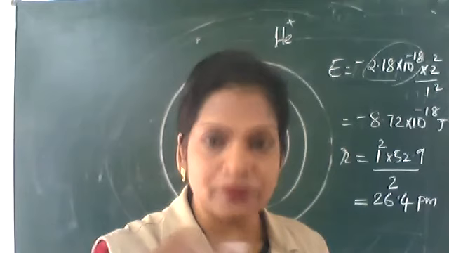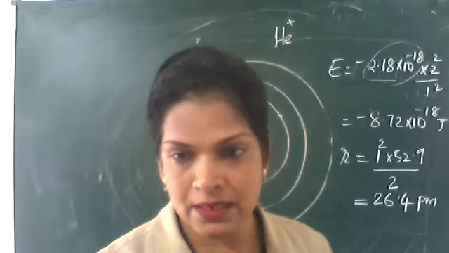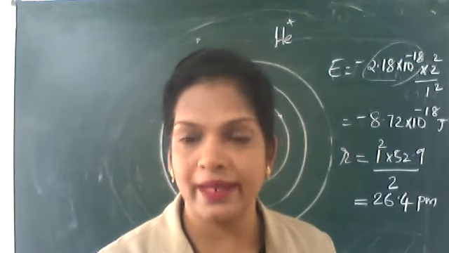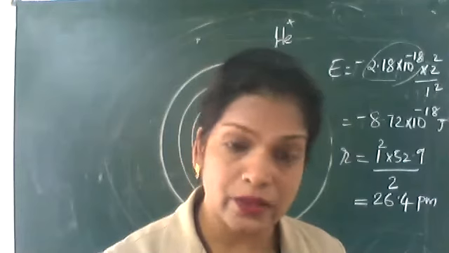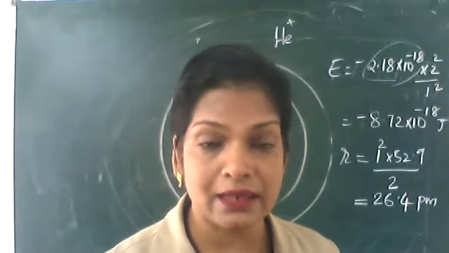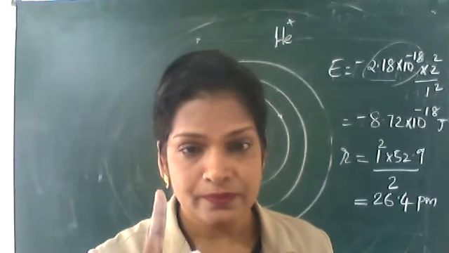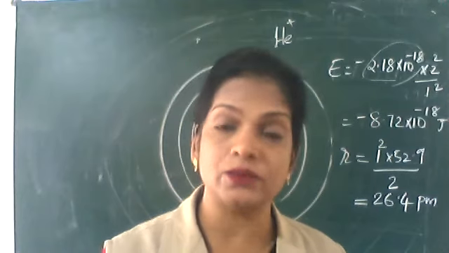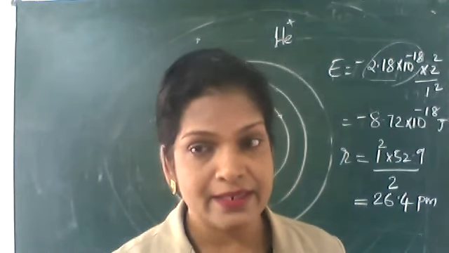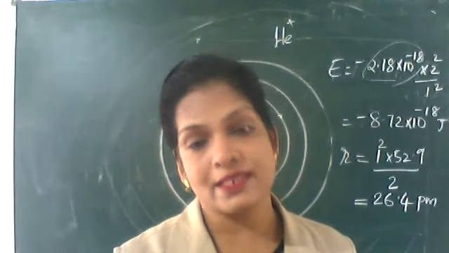What is the energy of this electron in helium plus? We have calculated minus 8.72 into 10 to the power minus 18 joules. You calculate the energy of hydrogen's electron in the first orbit. That is E is equal to minus 2.18 into 10 to the power minus 18 Z square upon n square.